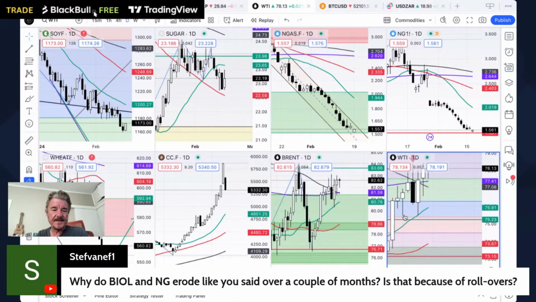Stefan, Boyle and UNG erode. Yes, it erodes because of, it's a little bit more complicated, but it's basically because those prices are affected by contango and backwardation and so on. But you can Google that, or if you're on X and you have an X membership, you can use Grok, my favorite new toy.